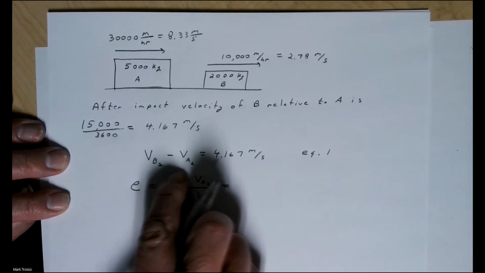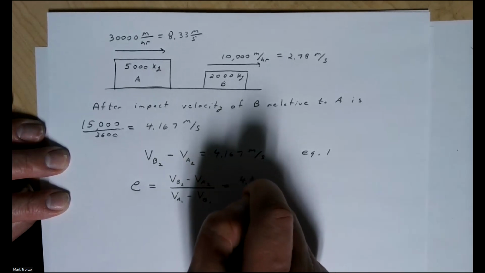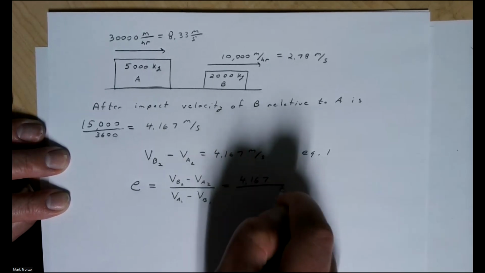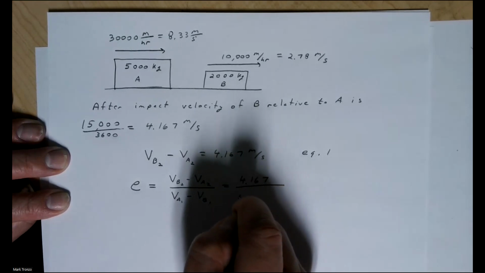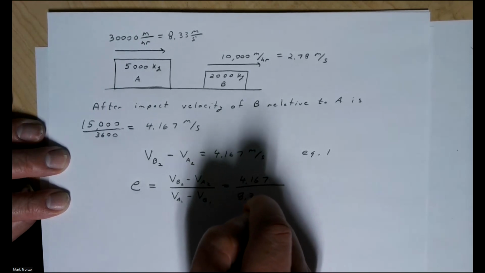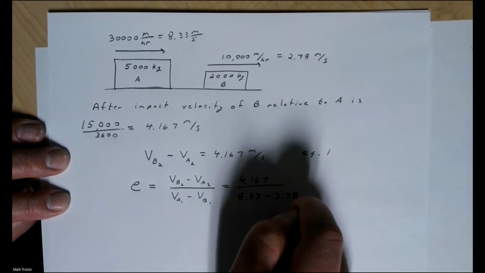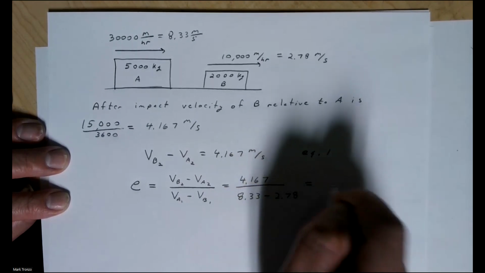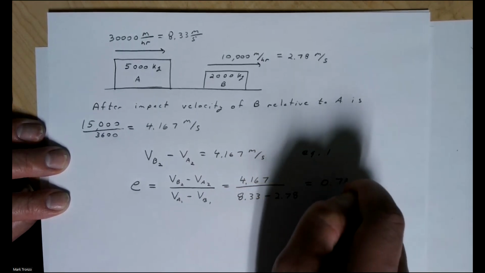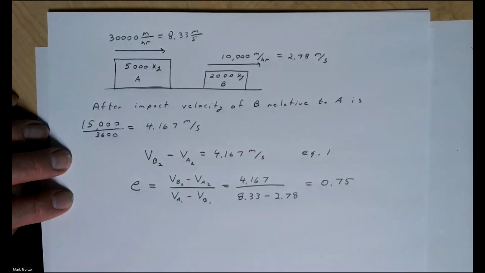And so in the numerator, we have 4.167. In the denominator, we have the velocity before impact, 8.33 minus 2.78. And we get a coefficient of restitution of about 0.75.